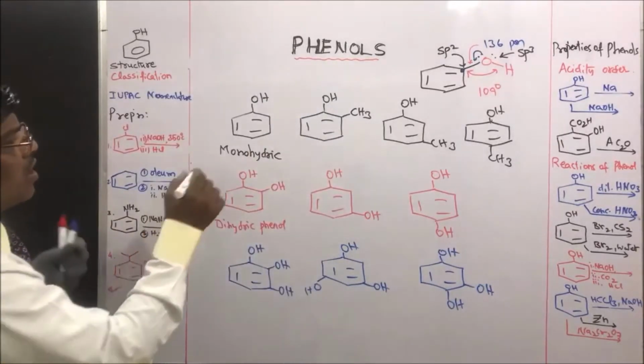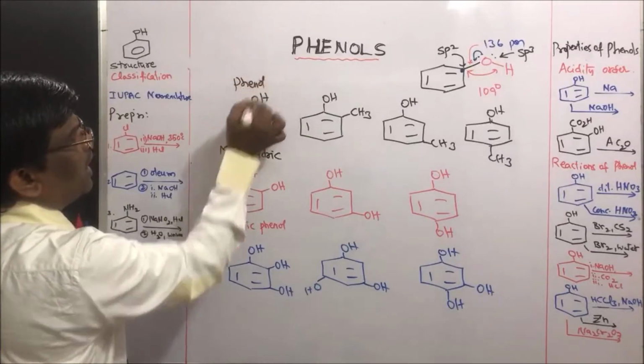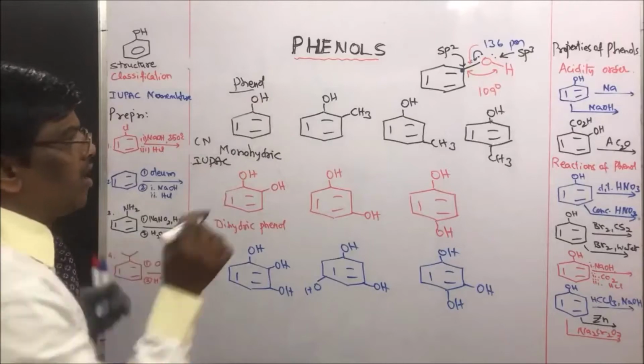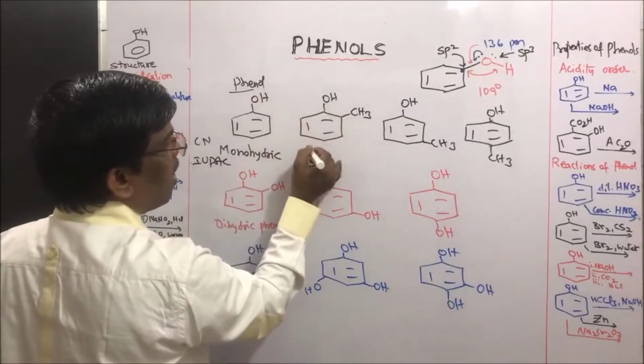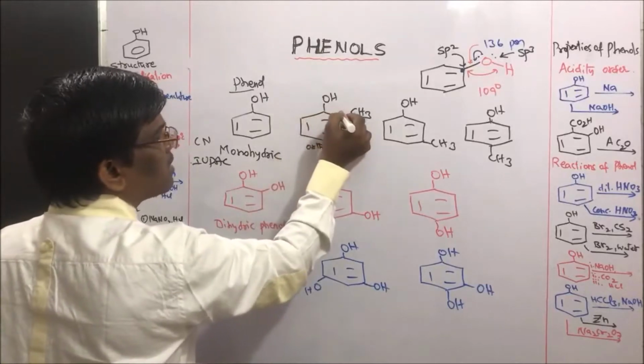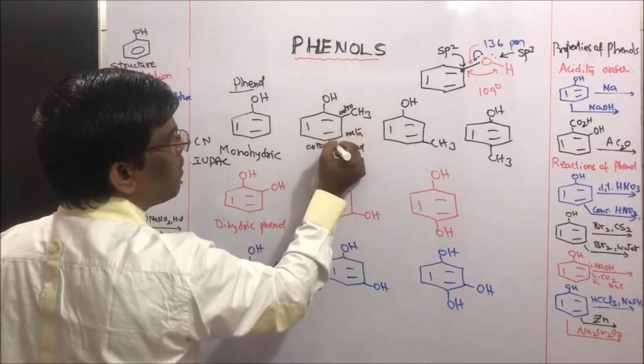The common name of this phenol is phenol only. Common name and IUPAC name of phenol is the same, phenol. Whereas this is orthocresol. Why ortho? This is ortho position and this is meta and this is para.